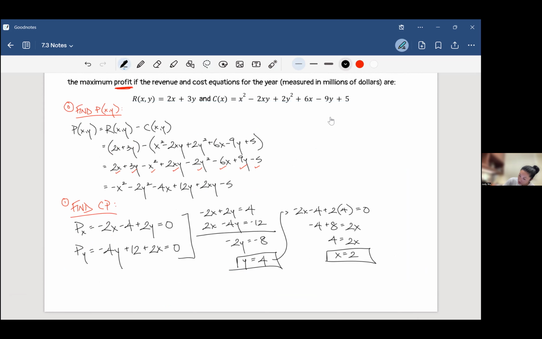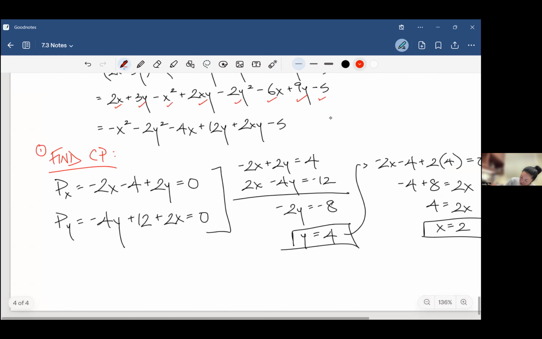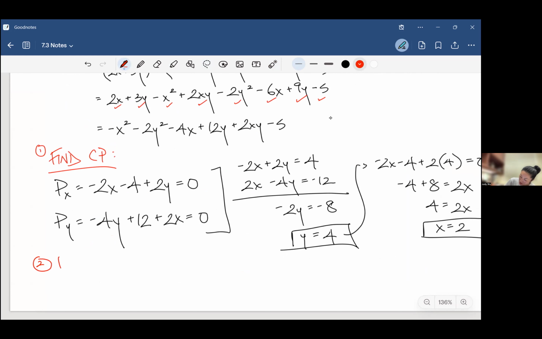Okay. So step 2, we're going to find P of 2 comma 4. All right.